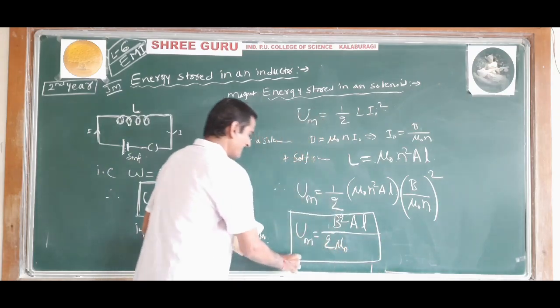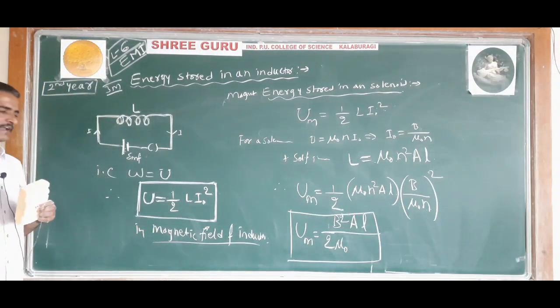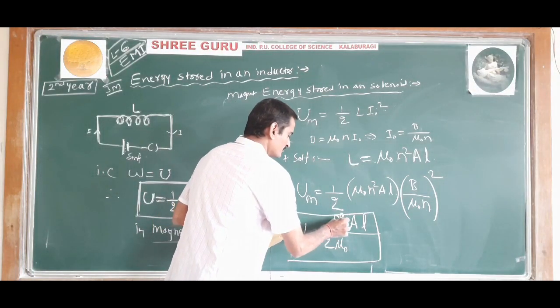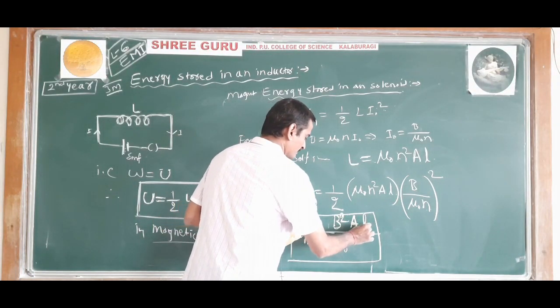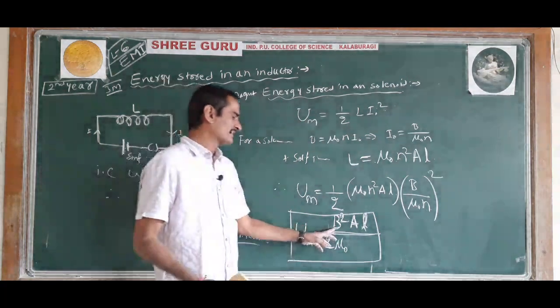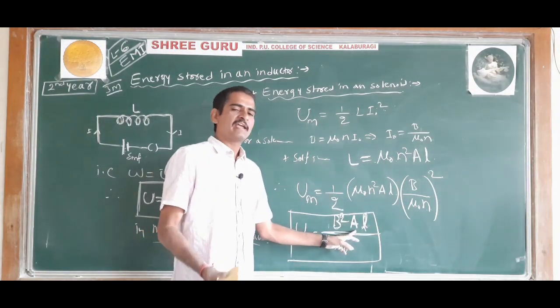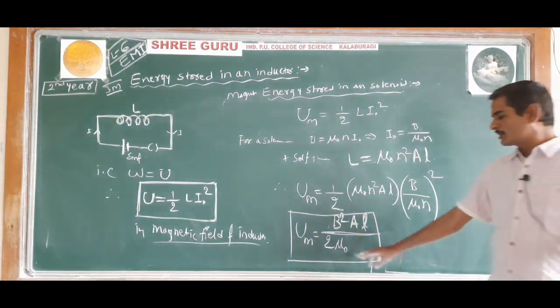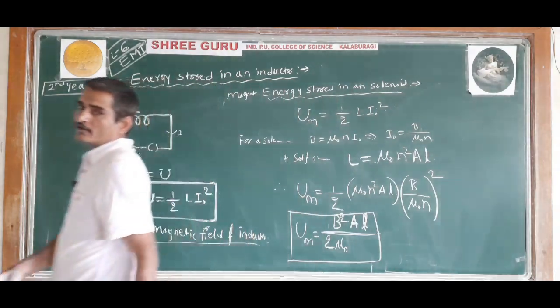This is the magnetic energy stored in a solenoid. The magnetic energy stored in a solenoid is given by U is equal to B square A L divided by 2 mu naught, where B is the magnetic field inside the solenoid, A is the cross-sectional area of the solenoid, L is the length of the solenoid, and mu naught is the permeability of the air-cored solenoid.